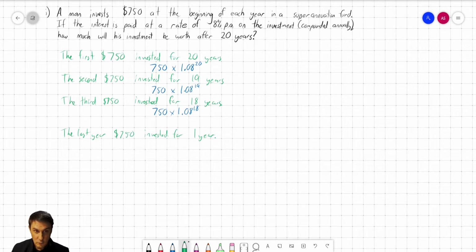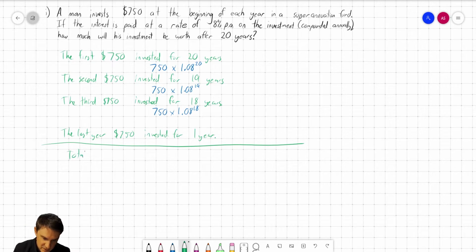Okay, now what we need to do is draw a line underneath this. We need to work out the total investment amount we have after the 20 years. Now, we need to take this information and put it all together.